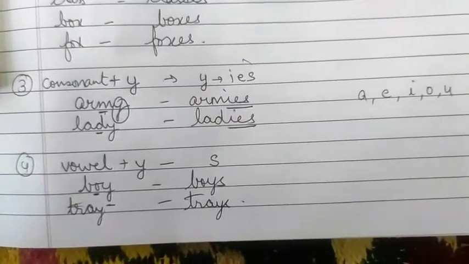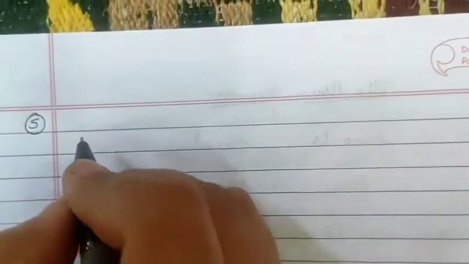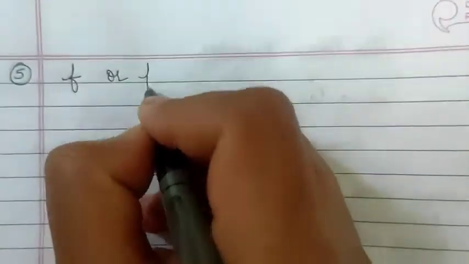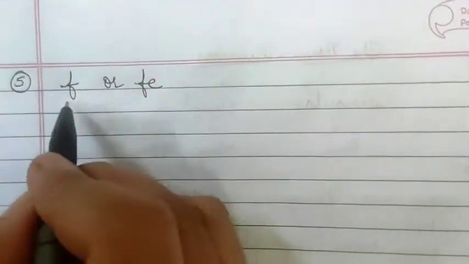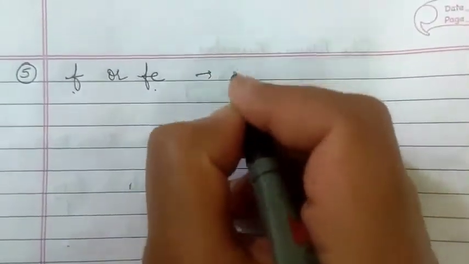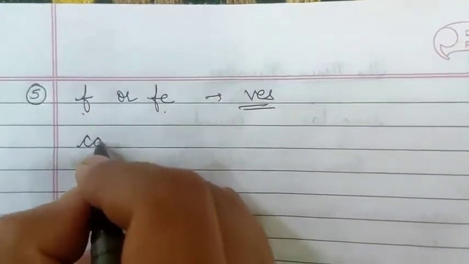Now, let's move on to the fifth point. Now, the fifth rule is that the words or the nouns which end with F or FE, we form their plurals by changing F or FE into VES. I will give you an example like calf.